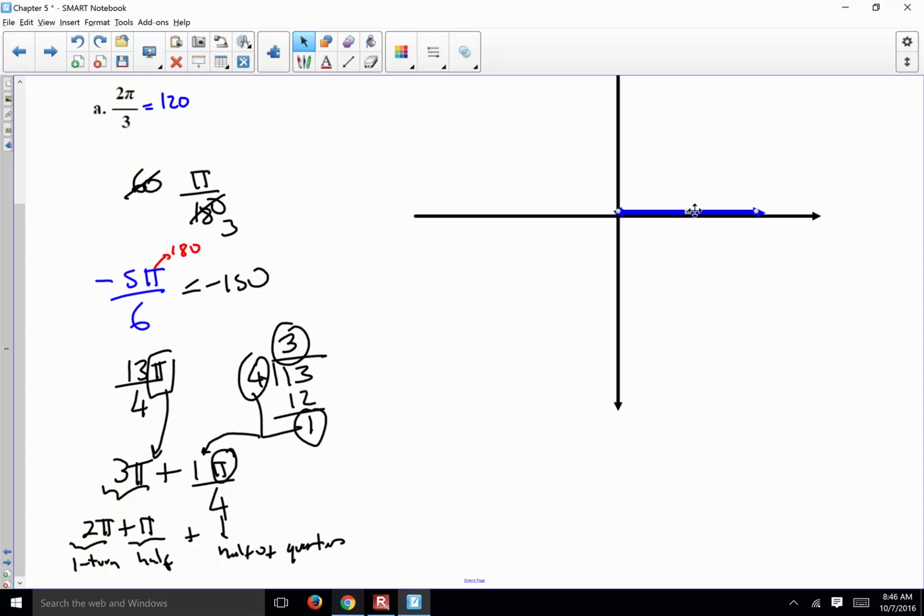This is an alternative. So again, 1 turn, half turn, and a quarter turn. Half of a quarter turn, sorry. So this is 1 turn, half turn, and quarter more. Makes 13 pi over 4. So what is this gap?